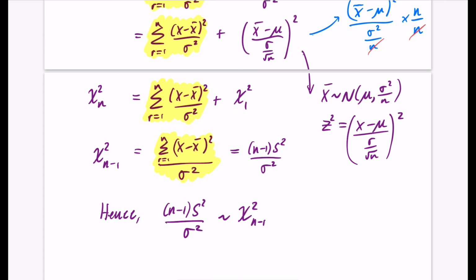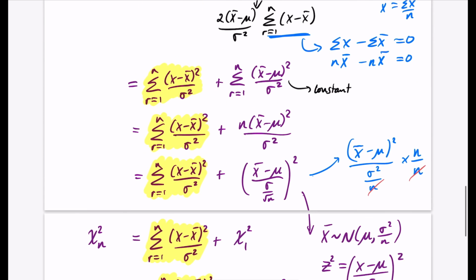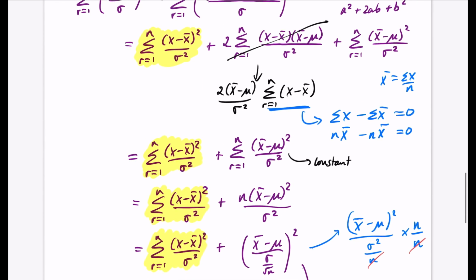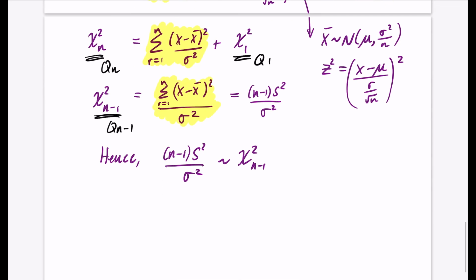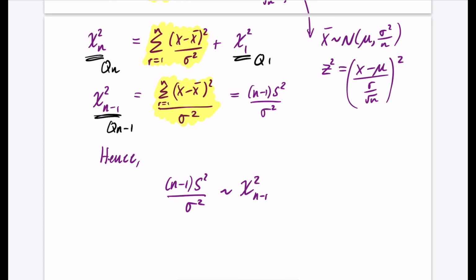Now, if you didn't like the fact that I was saying a chi-squared was equal to something, in all of these places I could have written that this was Q_n, this thing here was Q_1, and this thing was Q_{n-1}. So with that Q language, I'm actually saying that n minus 1 s squared over sigma squared was equal to Q_{n-1}.